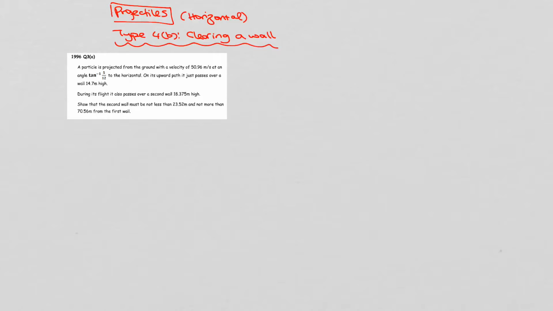So if we were to sketch the projectile path, we have our initial velocity, which is 50.96 meters per second, and we have our projectile path.